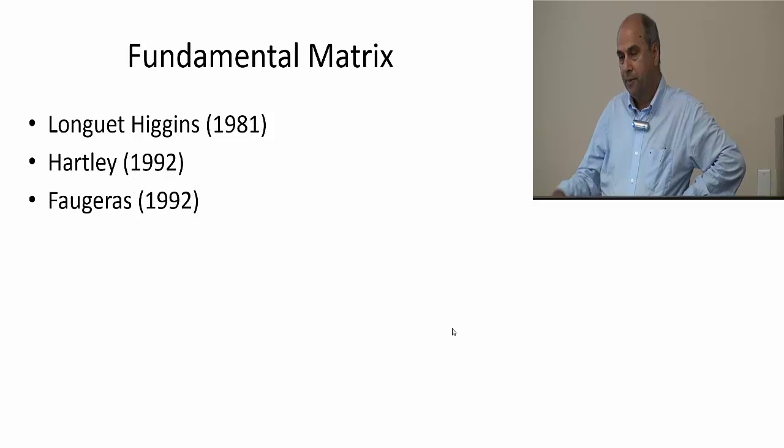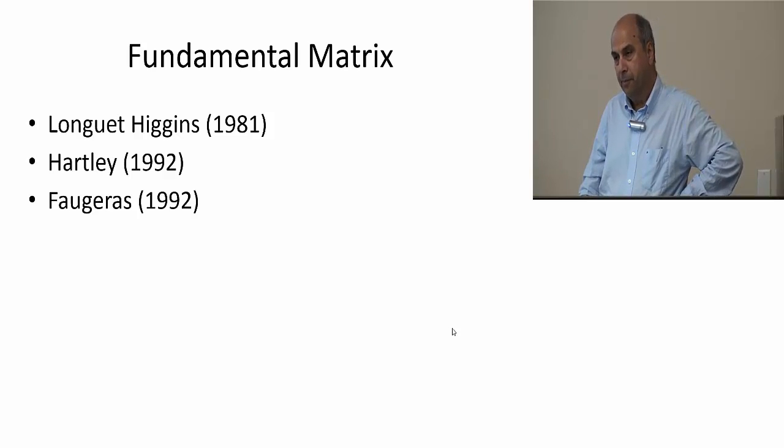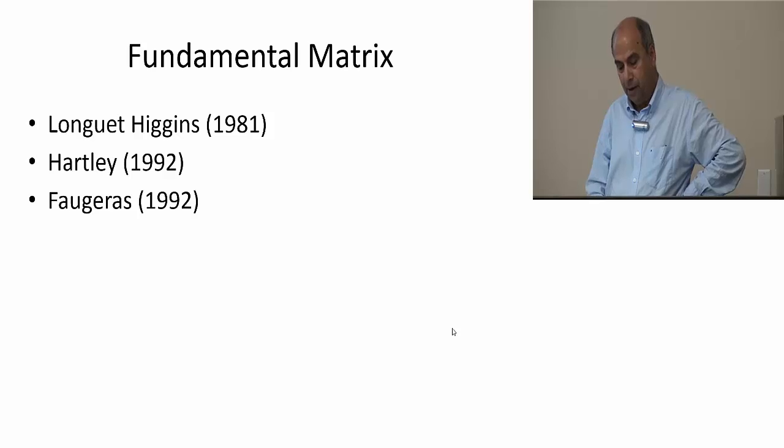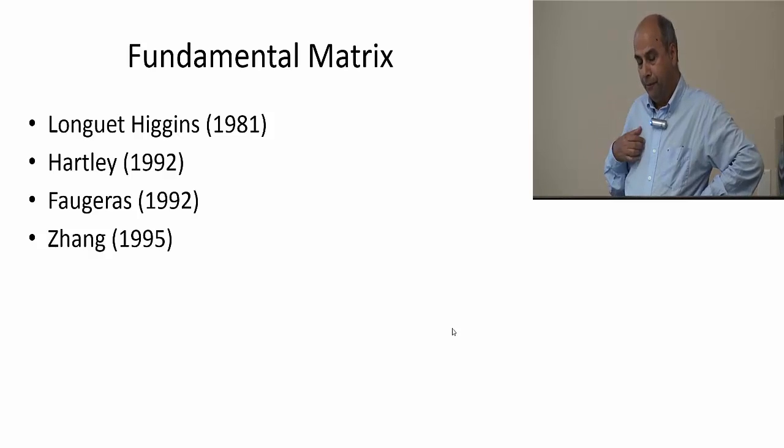So essential metrics is basically relating the 3D coordinates of two images, and the fundamental metrics relates the image coordinates of those 3D points. So that's why it's called fundamental metrics. And we're going to talk about Zhengyou Zhang's efficient method, the robust method to compute the fundamental metrics.